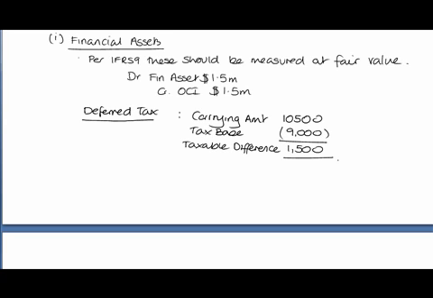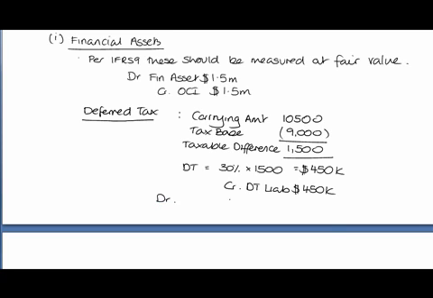We're told the tax rate is 30%, so our deferred tax is 30% times 1.5 million, which is 450,000. So we credit deferred tax liability 450,000.